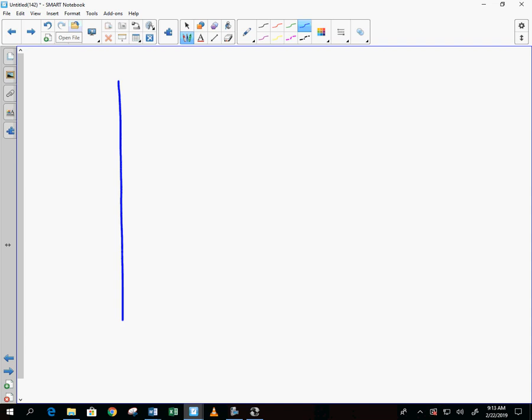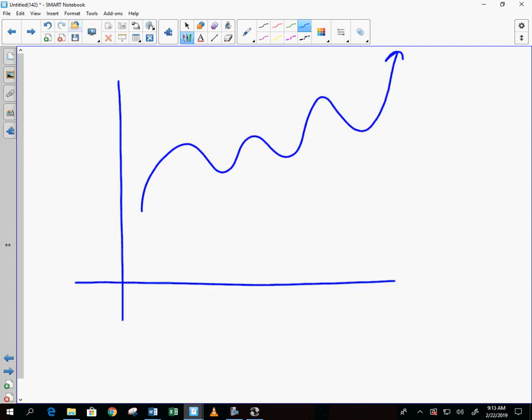I'm going to draw a function. This is f of t. The lowest height is here. The highest height is here, right?